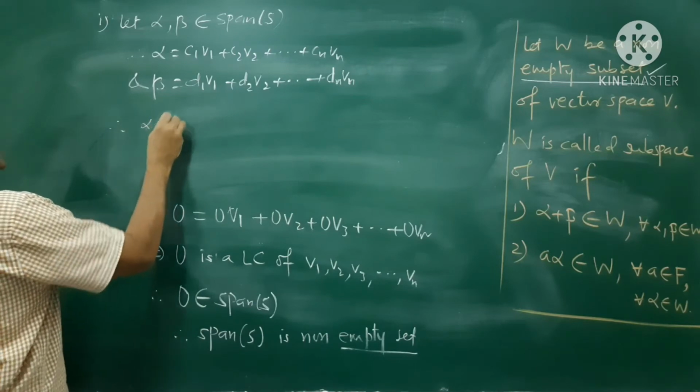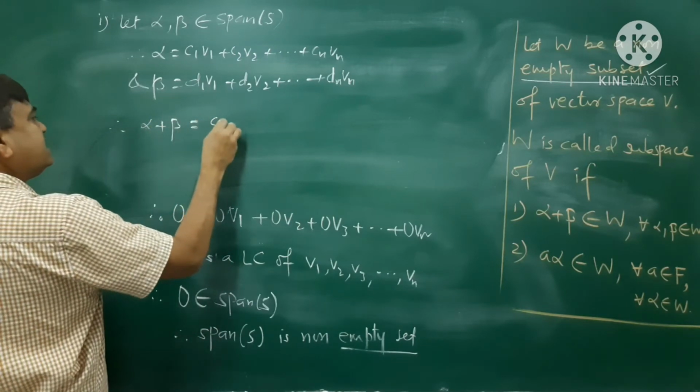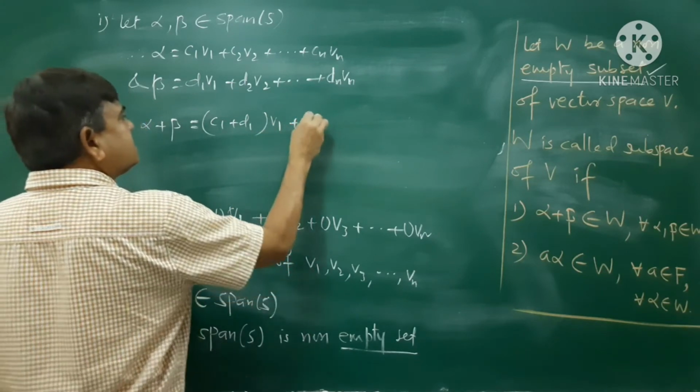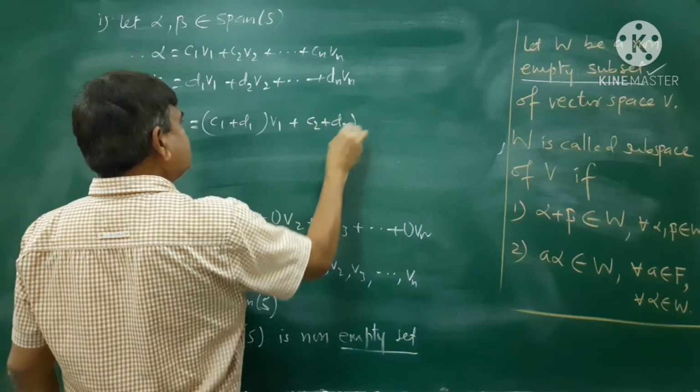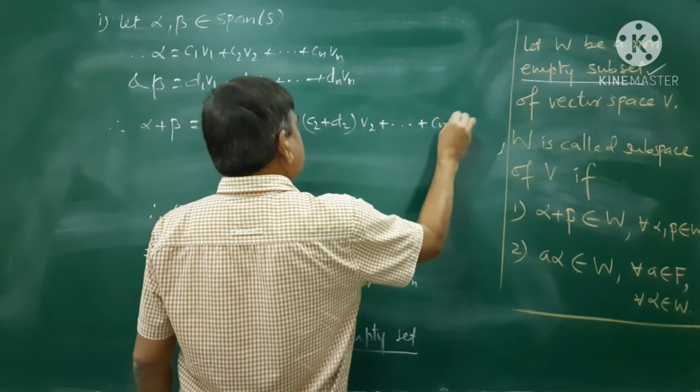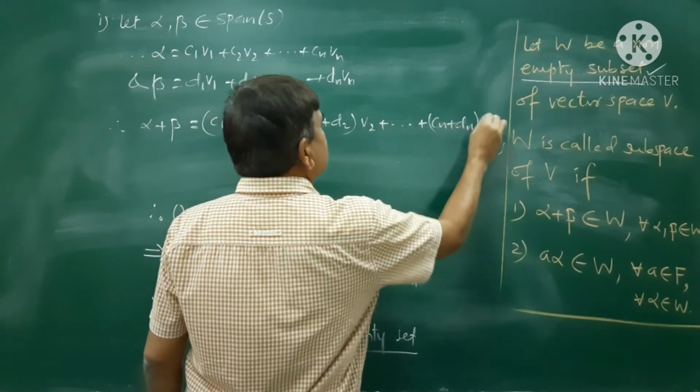Therefore, alpha plus beta is C1 plus D1 times V1, plus C2 plus D2 times V2, up to Cn plus Dn times Vn.